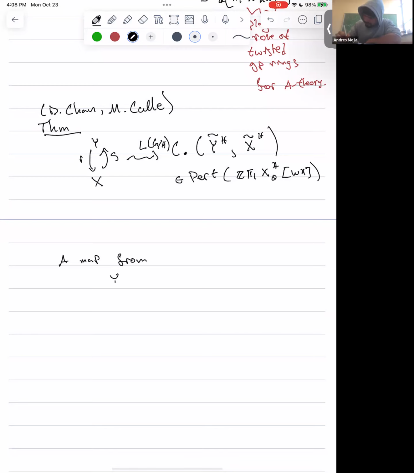Okay, nice. And so what are the main properties of this linearization map? Well, the first and most important one is that it's compatible with splittings. Oh, and this is only on the level of G fixed points again. So by compatible with splittings, I mean that when you actually do the splitting, this restricts to the usual linearization map from the A theory of X_H, HWH to the K theory.